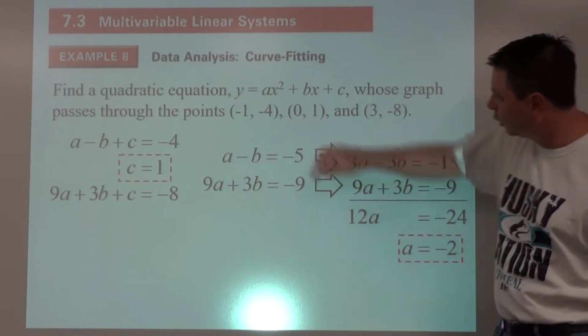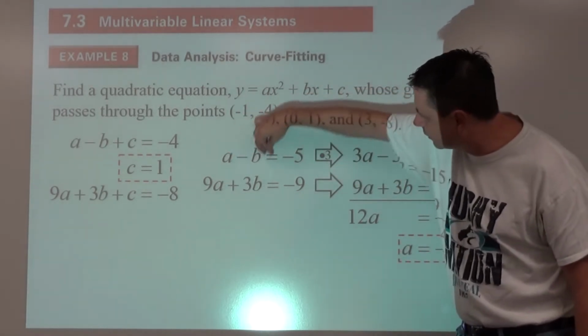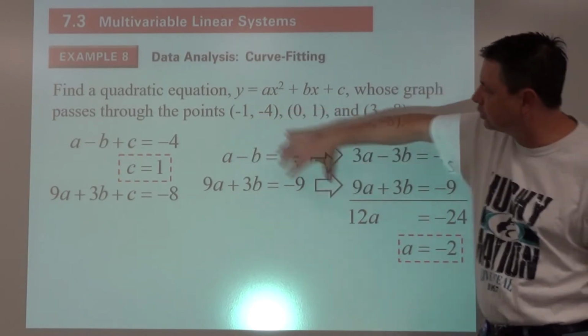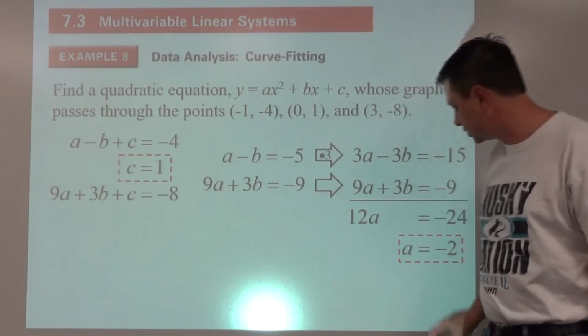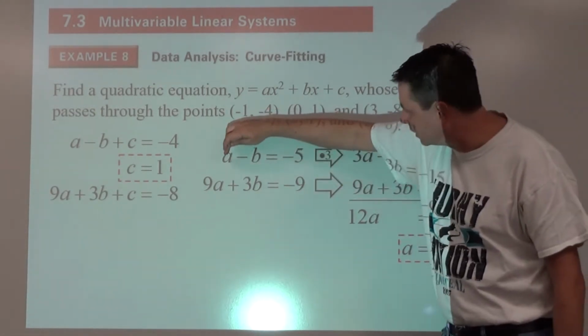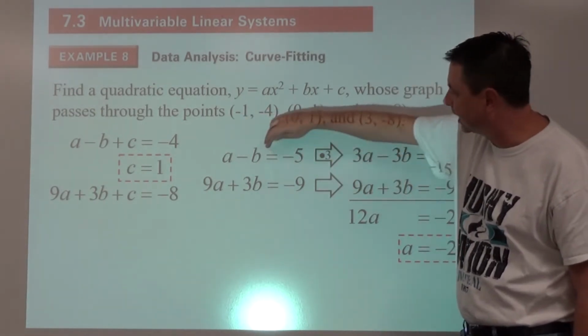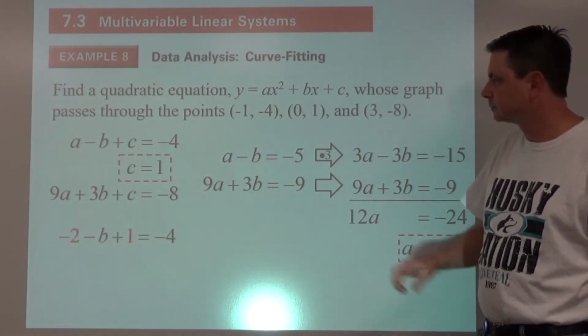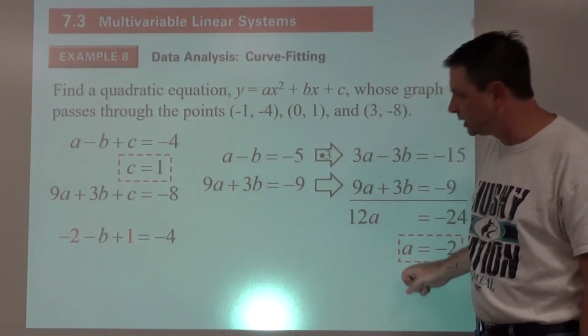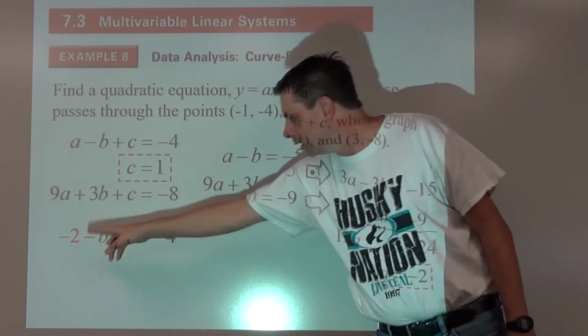And then I think I might go back here so that I can find b. So go back to one of the equations, not the original where we have too much information, but right here, where if I can replace a with -2, I can then solve for b. So I replaced a with -2. That's -1.